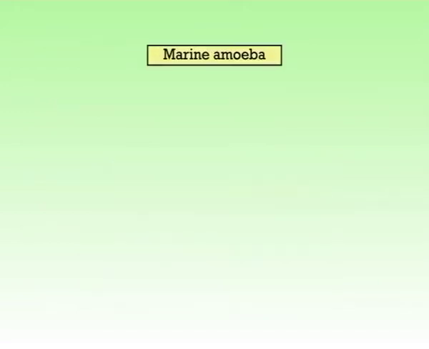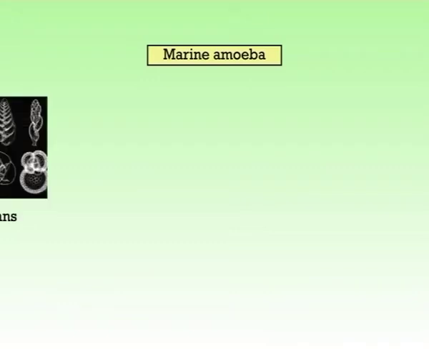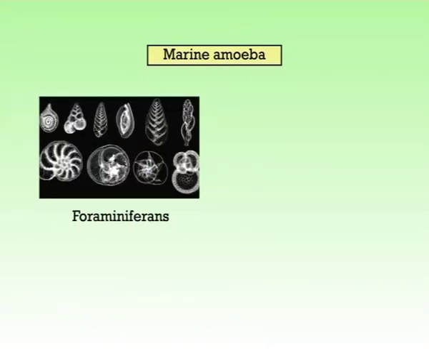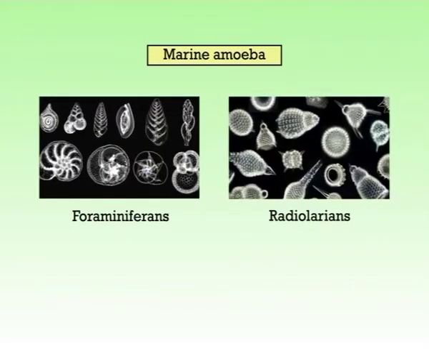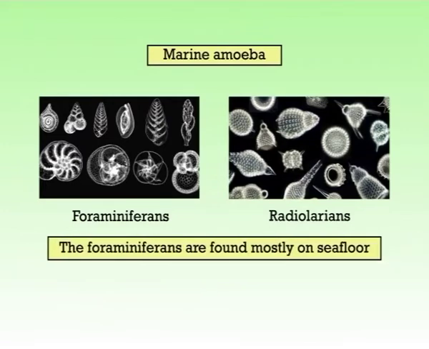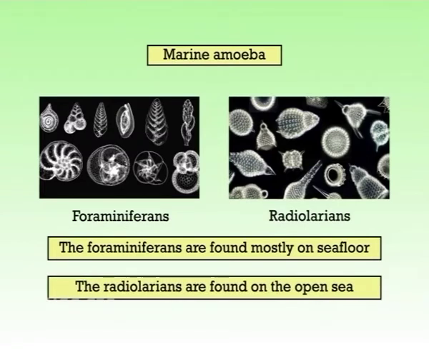Some of the marine amoebae include the foraminiferans and radiolarians. The foraminiferans are found mostly on the sea floor, while the radiolarians are found on the open sea. There are also over 40,000 species of foraminiferans, and 90% of them are fossils.